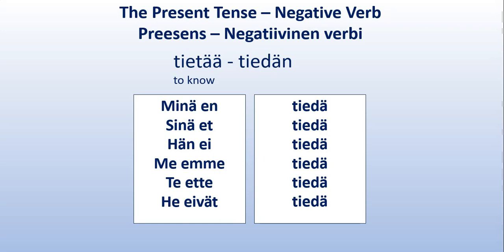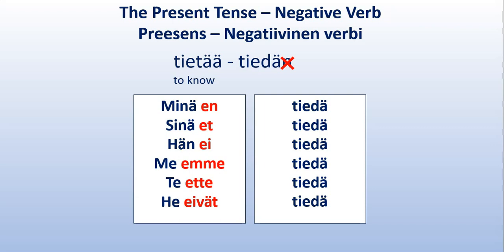So we have tiedän, and you'll take the N away. After that you are left with the form that you'll be using in each person. Here you need to conjugate the negative word. Minä en tiedä, sinä et tiedä, hän ei tiedä, me emme tiedä, te ette tiedä, he eivät tiedä.